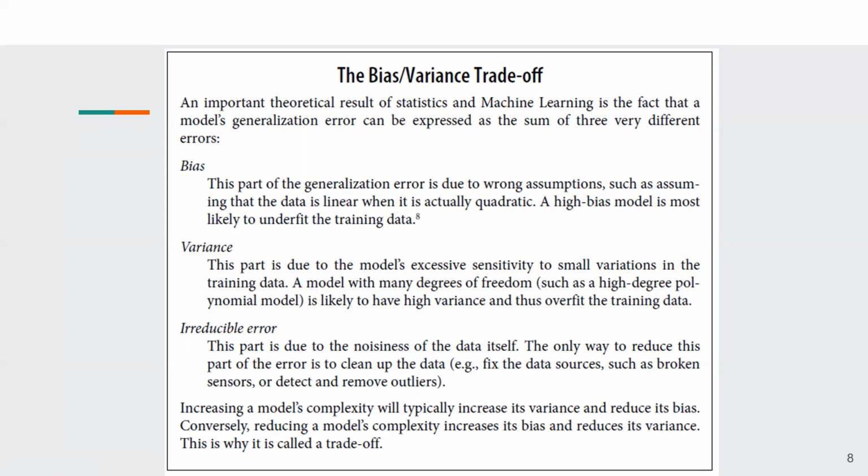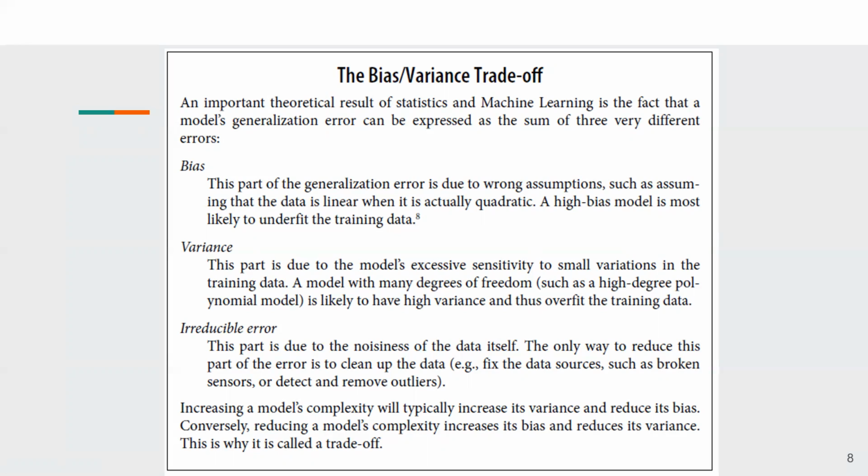On top of those two types, there is one type of error that you can't just get away from, that is called irreducible error. This part is due to the noisiness of the data itself. The only way to reduce this part of the error is to clean up the data. Fix the data sources such as broken sensors, or detect or remove outliers. Increasing a model's complexity will typically increase its variance and reduce its bias.